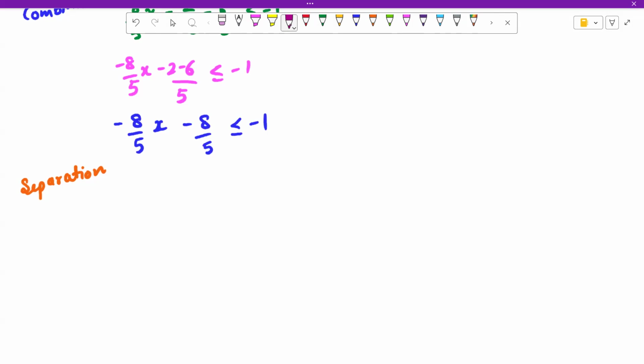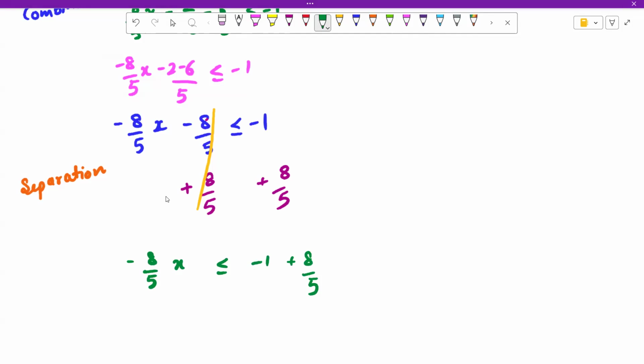We can do plus 8 over 5. Very good. Plus 8 over 5 on both sides. Because this is a plus and a minus, they cancel each other, and we are left with negative 8 over 5x less than or equal to negative 1 plus 8 over 5. Now, how do we solve this further?